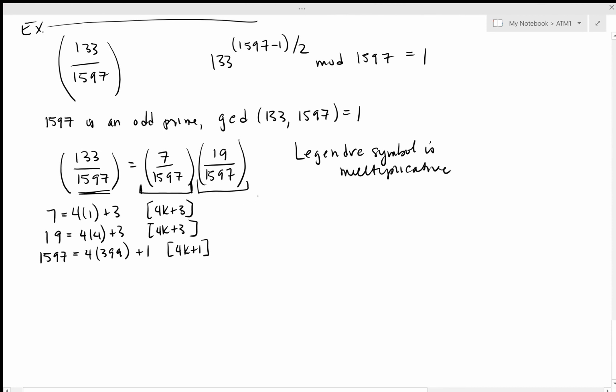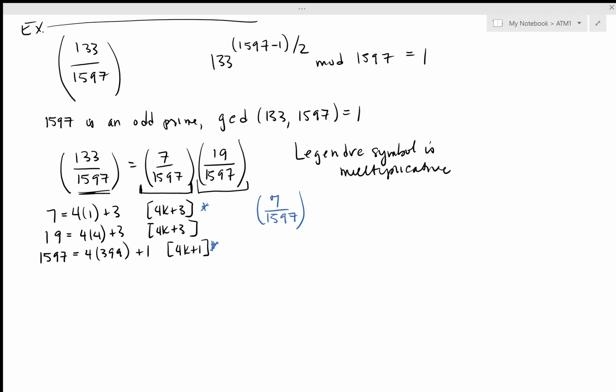So right now I'm wanting to find this Legendre symbol. Oh no, hang on a sec. 7 is of this type, 4k plus 3, and 1597 is of this type, 4k plus 1. That means by the law of quadratic reciprocity, both of them are solvable or both of them are not solvable.